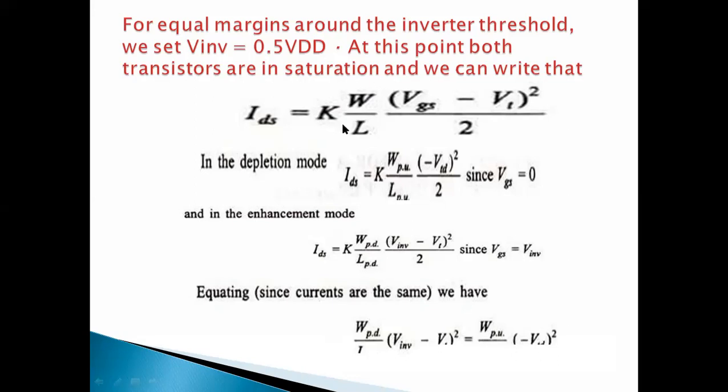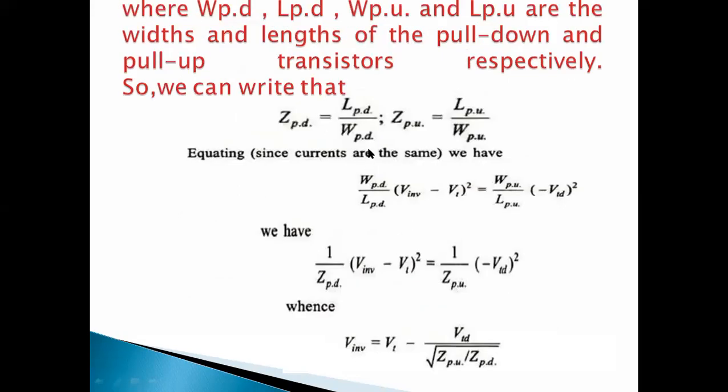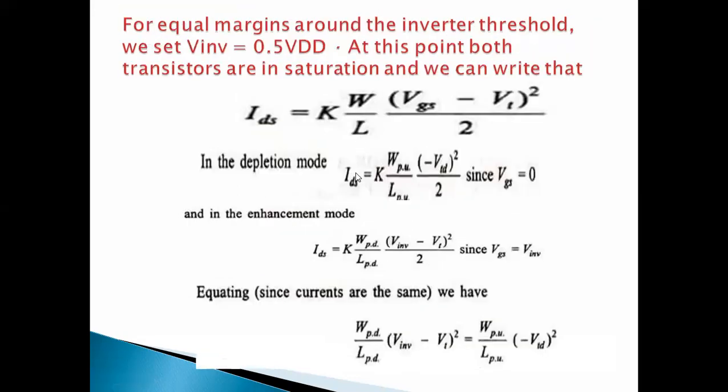In this general equation, the entire term K times W by L we can call beta, so IDS equal to beta times (VGS minus VT) whole square divided by 2. For the depletion mode device, we consider VGS equal to 0 and substitute in the above equation.